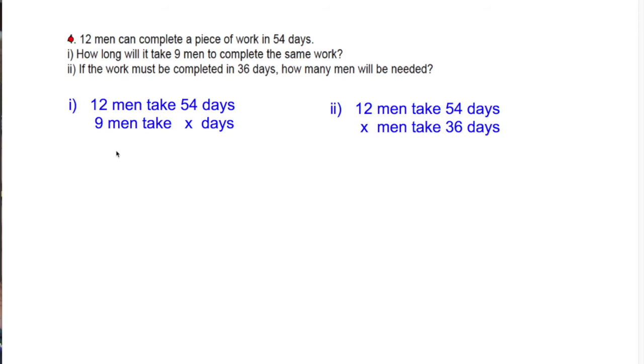As we can see earlier on, we use man days and the man days remains the same value. Therefore, 9x must be equal to 12 times 54 man days. Solving this, we have x equals 72. We finish off with a statement, 9 men take 72 days.